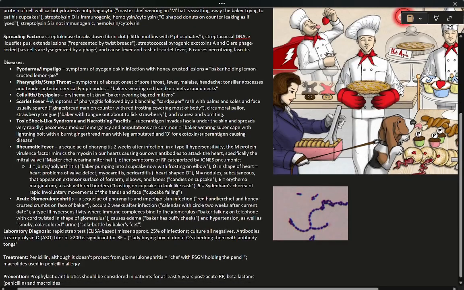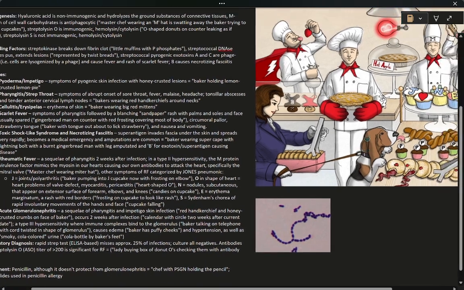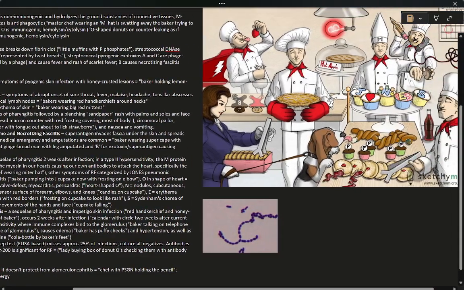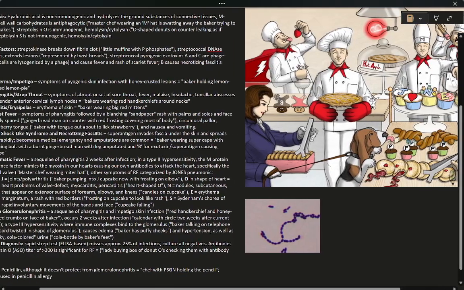We also have scarlet fever, where we have symptoms of pharyngitis, as explained above, followed by a blanching sandpaper rash with palms and soles and face that are usually spared. And you can remember this by thinking about the gingerbread man on the counter with red frosting covering most of its body.